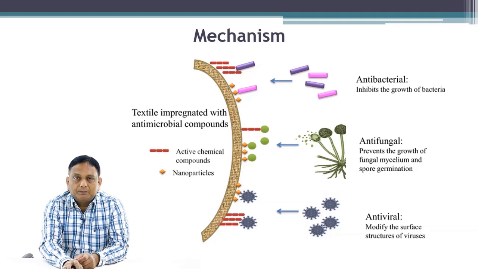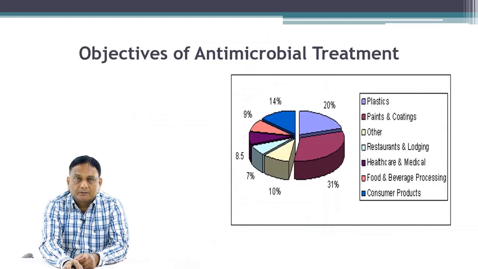Now this is the mechanism by which it attacks, whether antibacterial, antifungal or antiviral. When textile is impregnated with antimicrobial compounds, those compounds inhibit the growth or penetration of microbes.